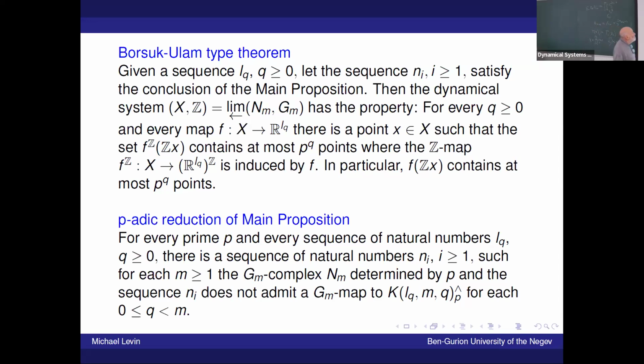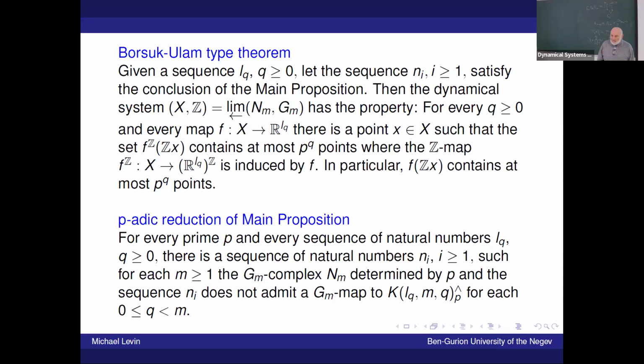So we will define a free action, and this is a relatively trivial consequence of the main proposition, which is exactly equivalent to the next one, that M does not admit a G-map to K to the power LMQ.